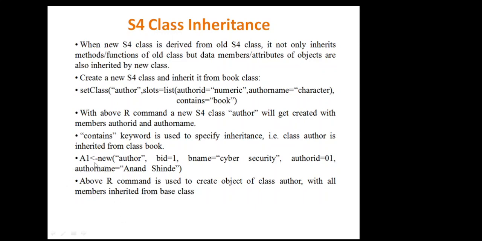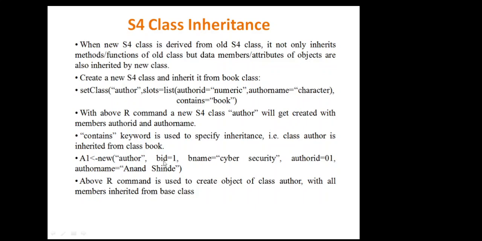So when we create a new object, see here, by using the new function we can create an object of a class. So I am creating the a1 object for the author class. So a1 equals new of author, which is the class name. We need to specify values for book ID and book name also. Now see, while creating the author class we have mentioned slots author ID and author name only, but we have inherited this class from the book class, so we need to specify values for the attributes that are present in the book class also.